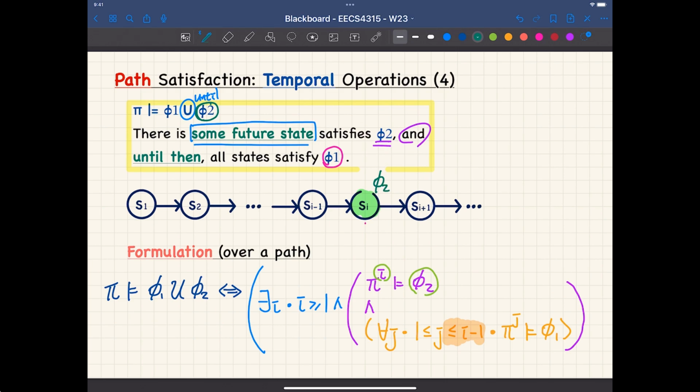And then we're saying that phi 1 should hold from here until over here, from 1 until i minus 1. So that would be phi 1. That's what the formula is asking for.